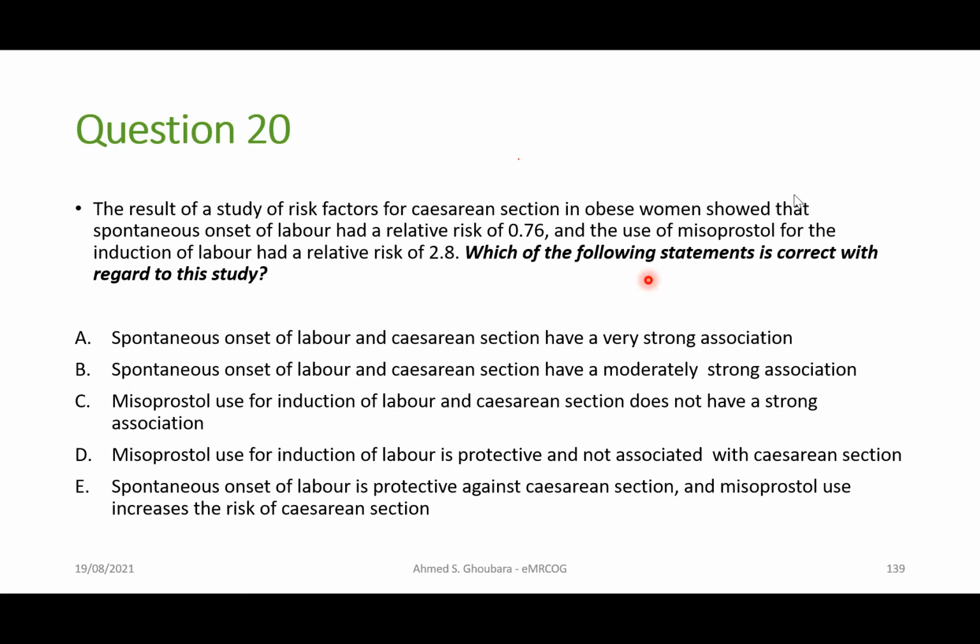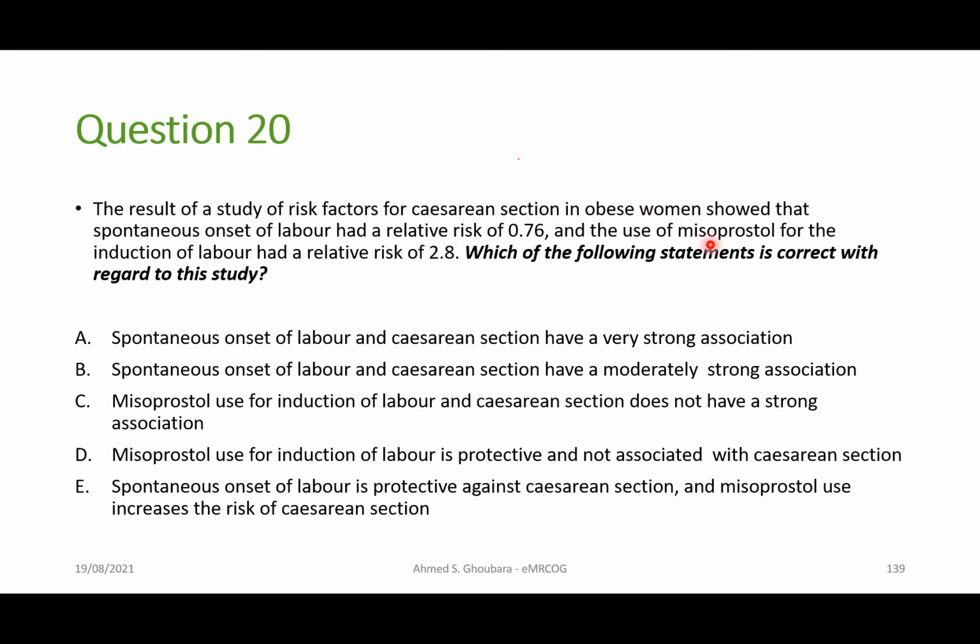Okay, Dr. PL, yes, that's correct. The first number, 0.76, is less than 1, so the risk ratio is less than 1. That means spontaneous labor, if we let the ladies go into labor by themselves, they're less likely to have a cesarean section; it's protective.